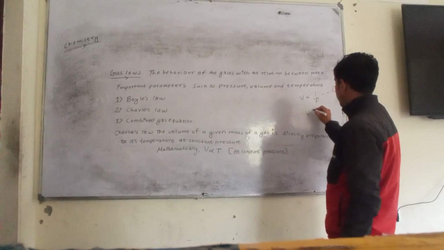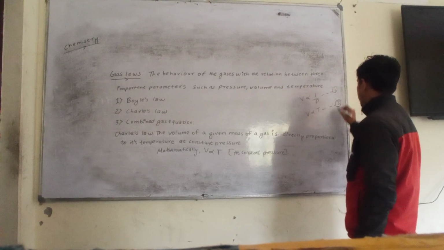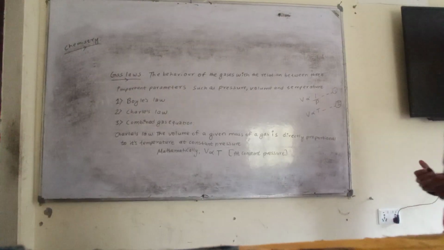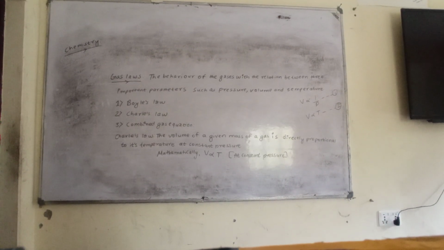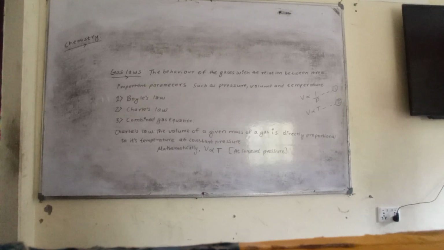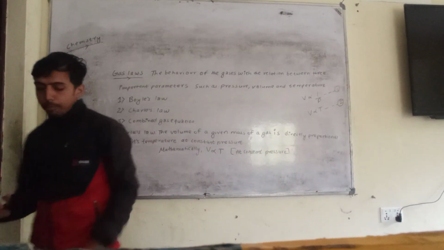And Charles' law is volume of a given mass of a gas is directly proportional to the temperature. When we combine Boyle's law and Charles' law, we get the relation of the combined gas equation.